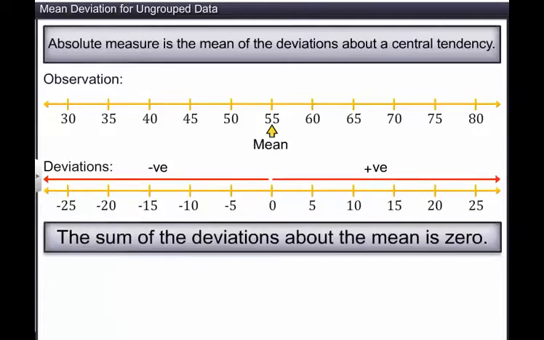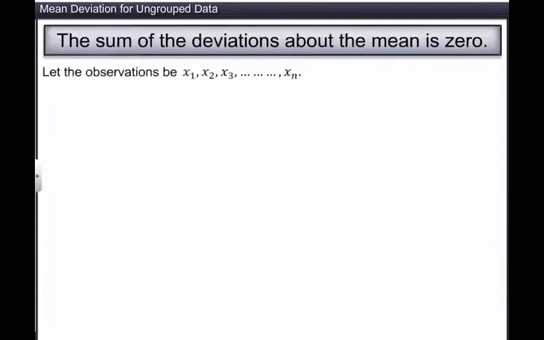Let's prove this result. Let the observations be x1, x2, x3, and so on up to xn. The mean of the observations is equal to the sum of the observations divided by the number of observations.